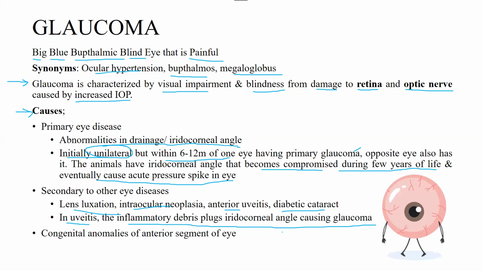Number three is congenital abnormalities of the anterior segment of the eye. By birth, there are some animals that are going to have anomalies that will disturb the drainage of the fluid in the eye, leading to glaucoma.